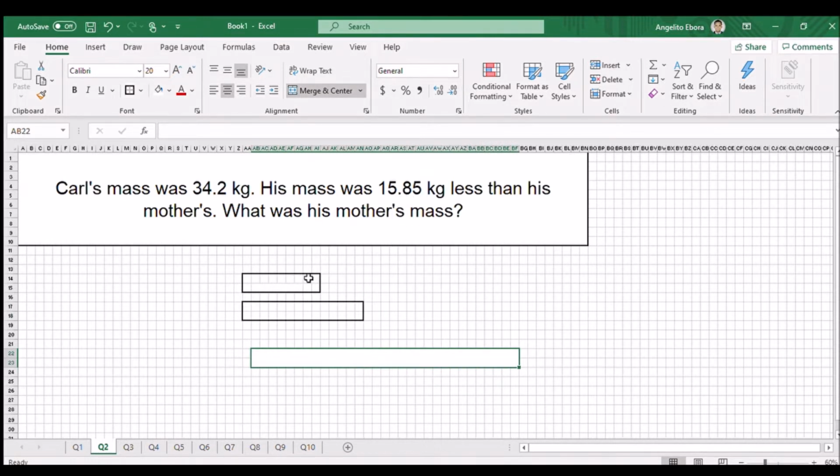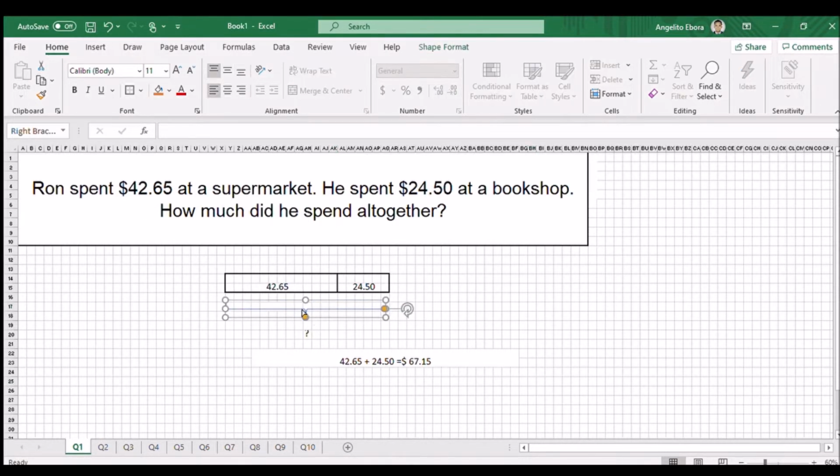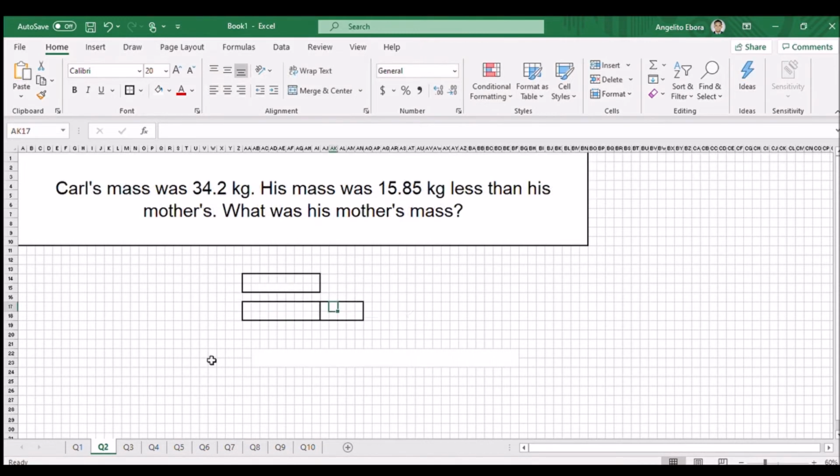So if this is Carl's, then this part is the 15.85 kilograms. So I have to copy this.